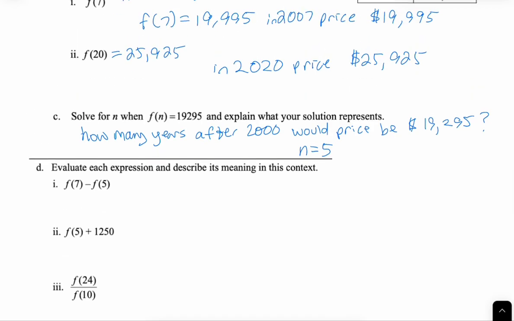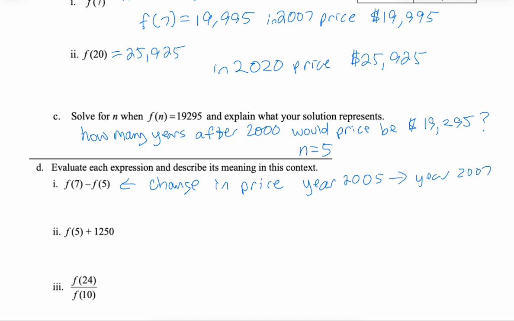Now, let's just do a few more just before we're ready. Let's finish out D here. It says, evaluate its expression and describe its meaning in context. So this is the change in price from year 2005 to year 2007. Because it's always ending minus beginning, our ending year is the 7, our beginning year is the 5.